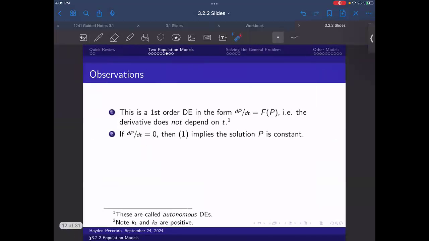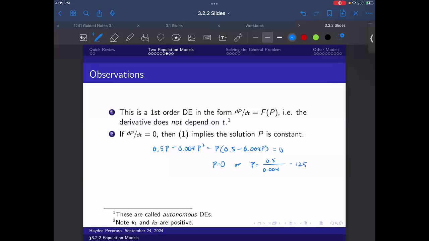And actually, let me go back for a second and let's just find those constant solutions. We have 0.5p minus 0.004p squared. That factors as p times (0.5 minus 0.004p). And if this is equal to 0, then we have either p equals 0 or p equals 0.5 divided by 0.004, or 500 divided by 4, which is 125.